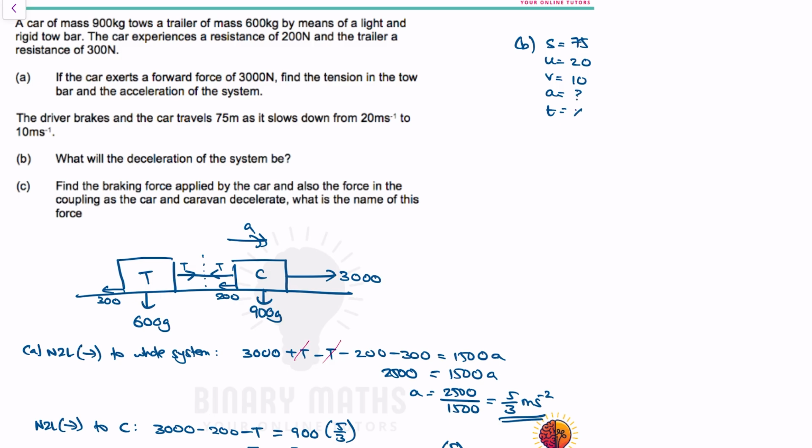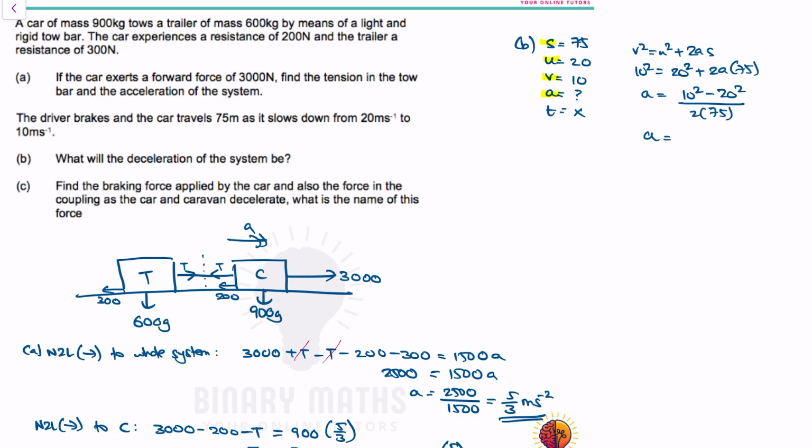We don't care about the time, so we've got S, U, V, and A, which means V squared is equal to U squared plus 2AS. So 10 squared is equal to 20 squared plus 2 times A times 75, which means A will be equal to 10 squared take away 20 squared divided by 2 times 75.